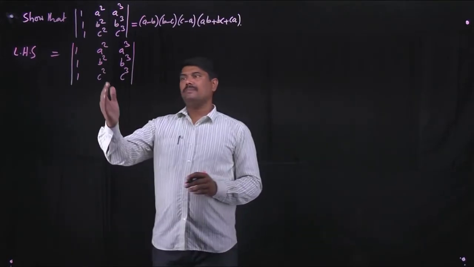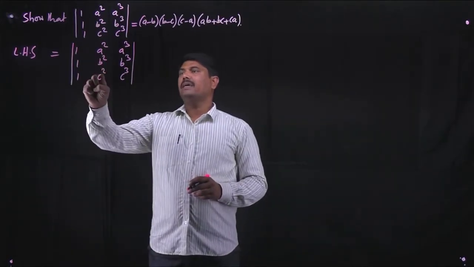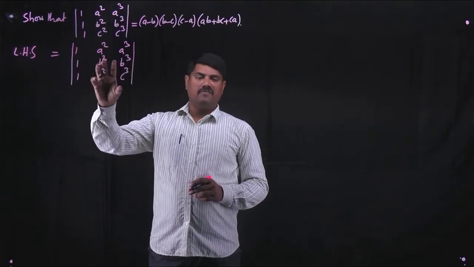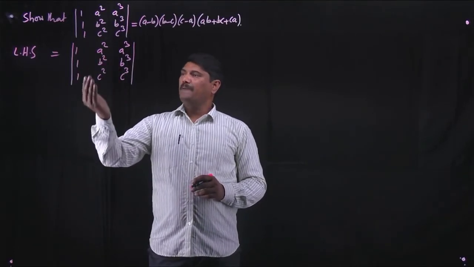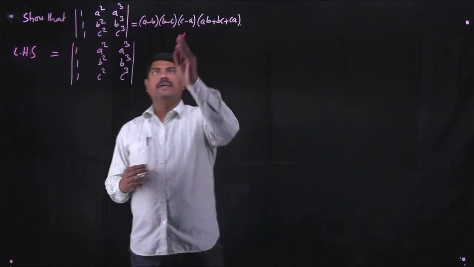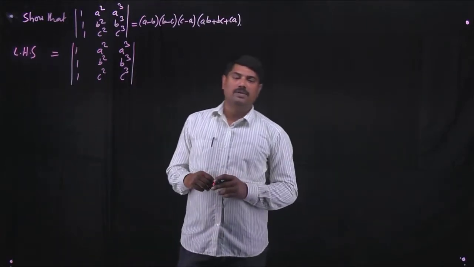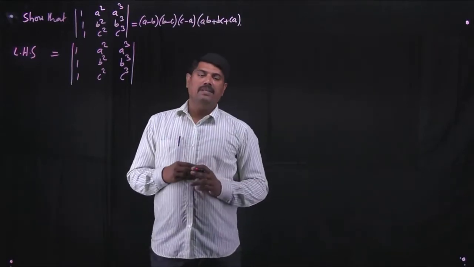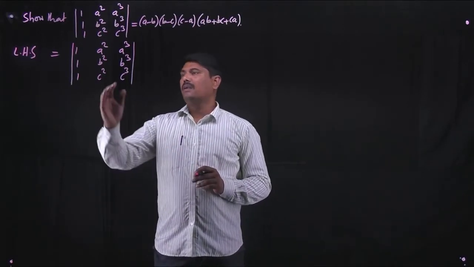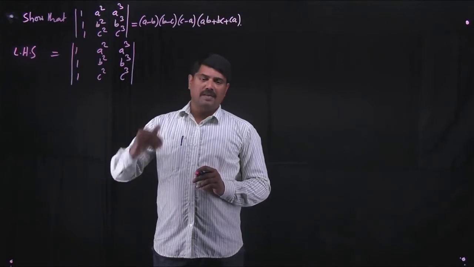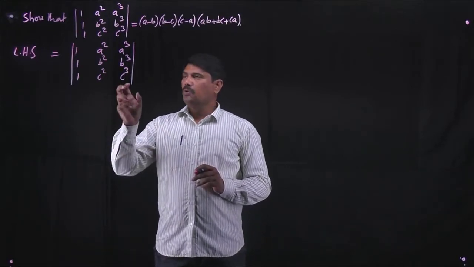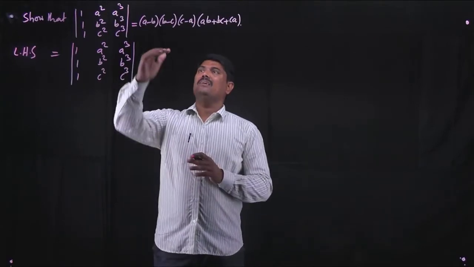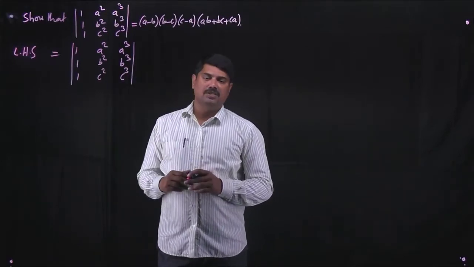Here the determinant is a value in terms of a, b, c. If you expand from this step, verifying the RHS value is very difficult. So by observing the RHS value and by using the properties of the determinants, you need to change this determinant by obtaining the values needed in RHS.